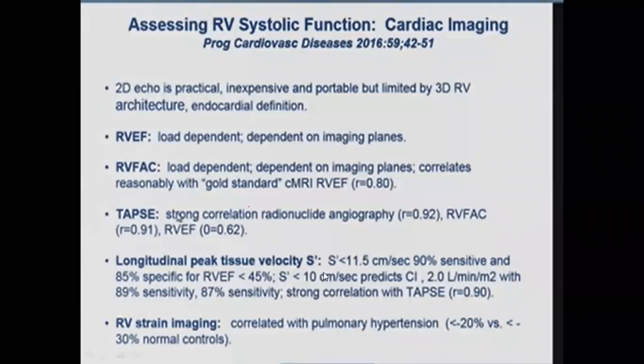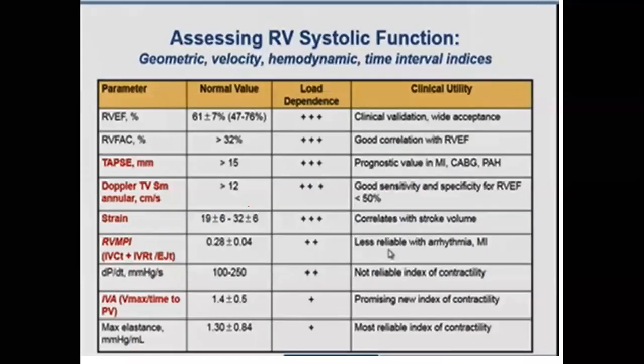So we use a cut point of 10, and it can be useful for assessing RV function. As I've discussed, RV strain imaging is also important because this is a global RV assessment. RV strain can be done with 3D echo, 2D echo, and also MRI. So these are some of the parameters used for assessing right ventricular function.